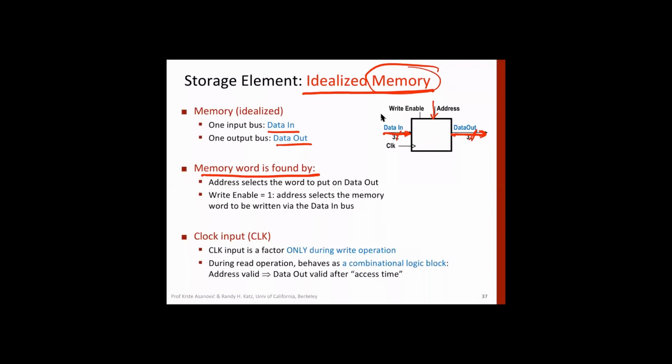And then write enable has to be enabled, or 1, if you want to write something. Writing will be done only when the write enable signal is enabled and the clock edge is going up, the leading edge of the clock. Only then is writing done. Reading can be done at any point in time.